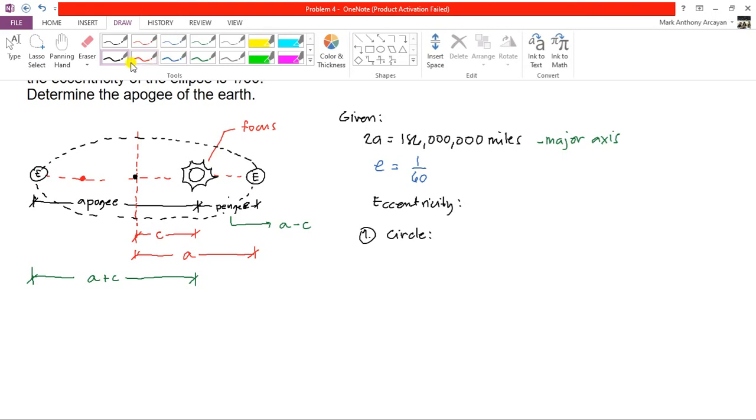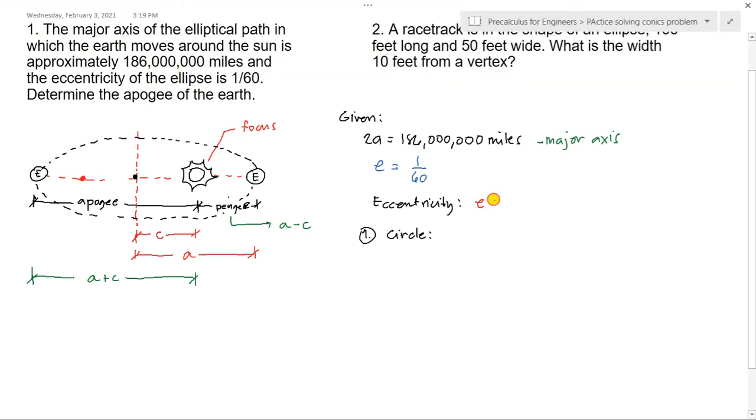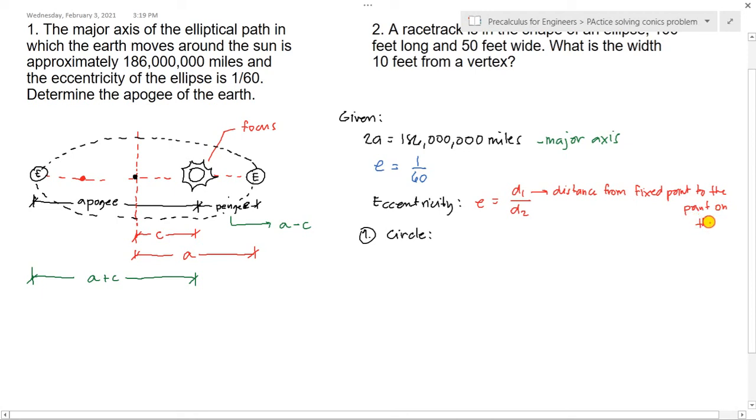So ang definition mo sa eccentricity is that is the ratio. E is the ratio of D1 and D2, wherein D1 is the distance from a fixed point to the point on the conic, and D2 is the distance from a fixed line to the point on the conic.